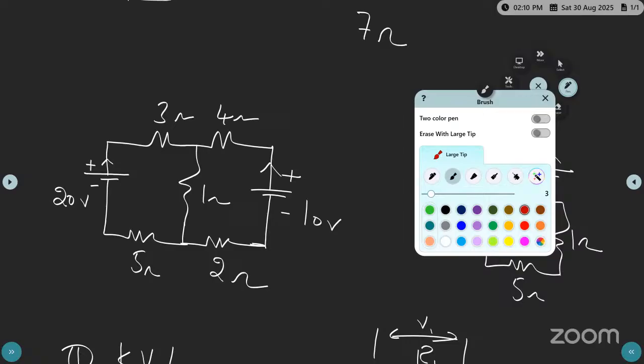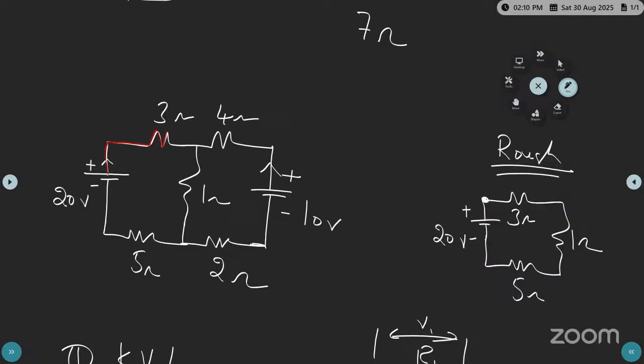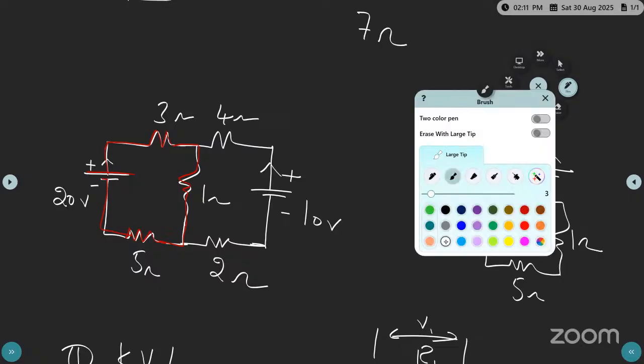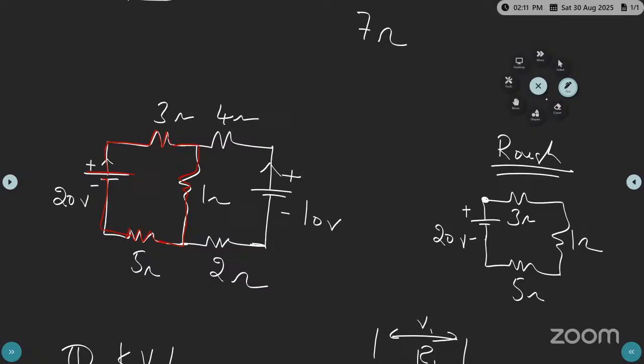So this is loop 1. Now loop 2, a rough only for your understanding purpose.